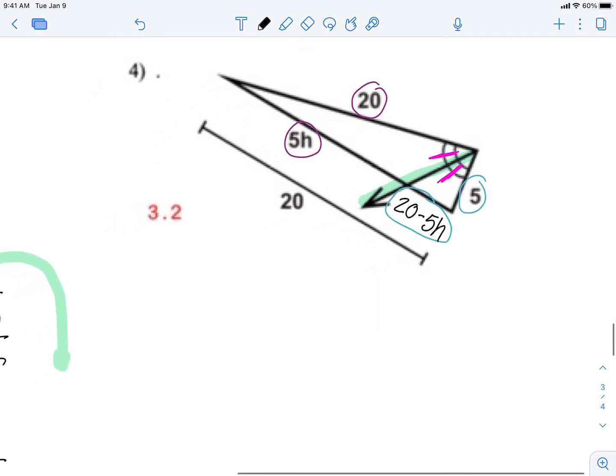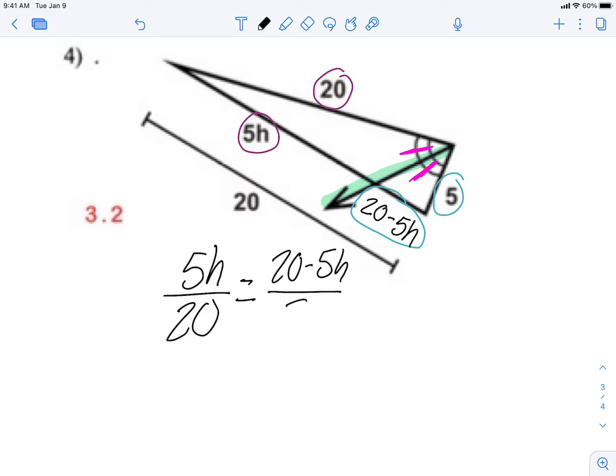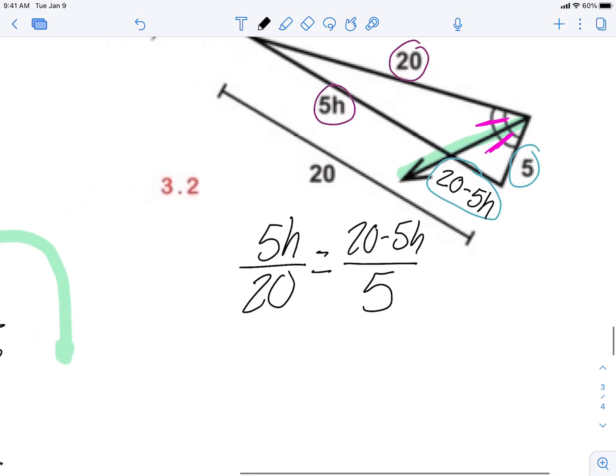So let us set it up. 5h has a relationship with 20. That is equal to, that means that 20 minus 5h has a relationship with 5. There you go. Okay.